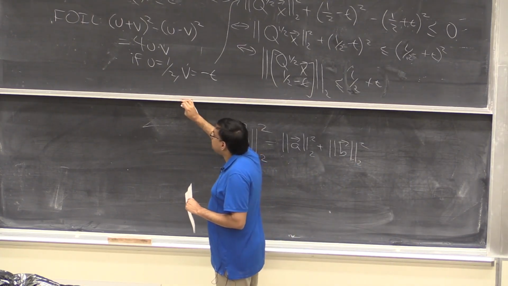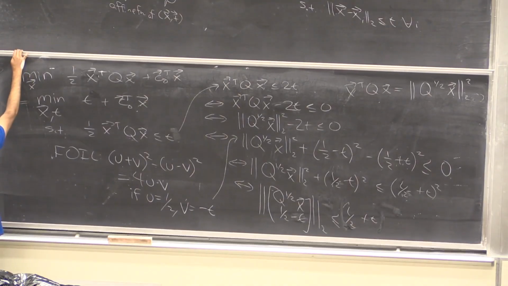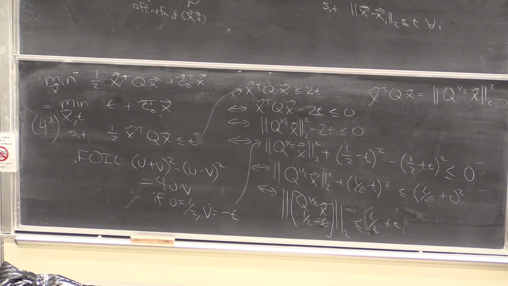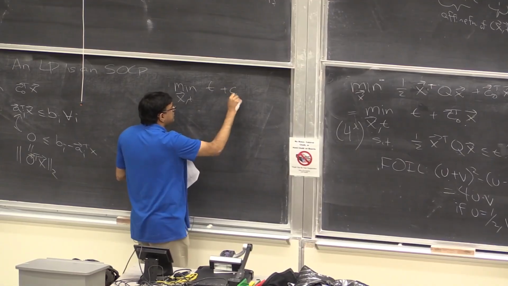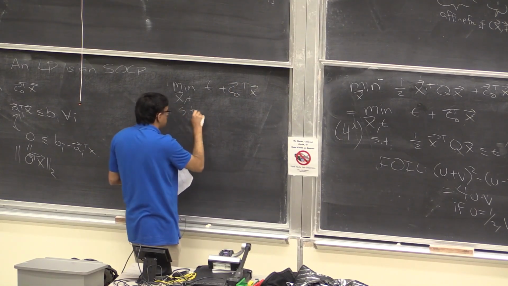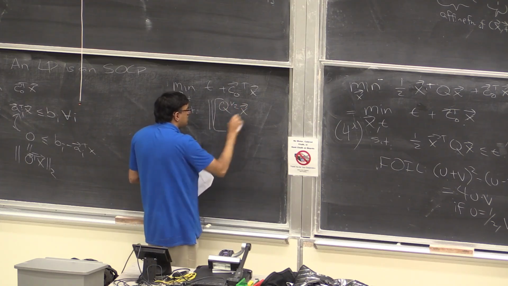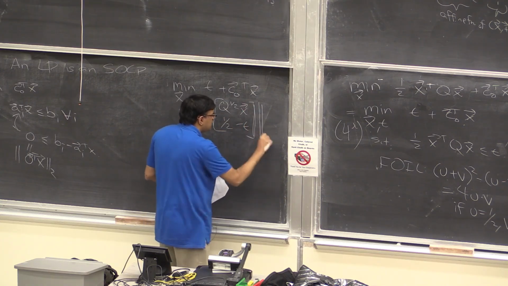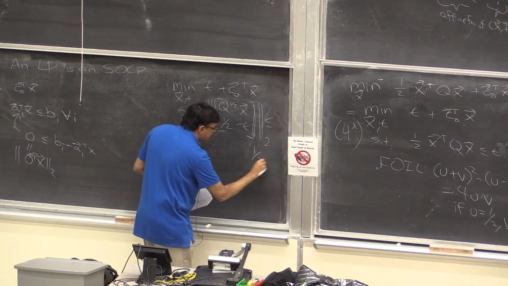All right. So this problem over here, let's say with the slack variables, let's call this 4 star, is equivalent to this problem, which is min over x, t of t plus c0 transpose x, subject to the 2 norm of Q square root x and then 1/2 minus t being less than or equal to 1/2 plus t.